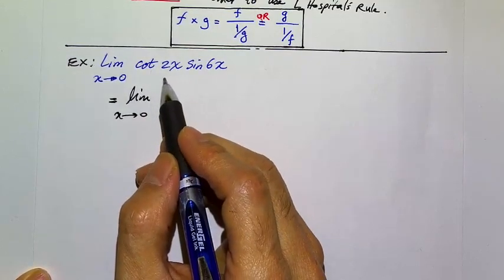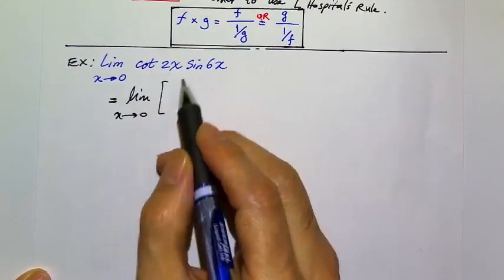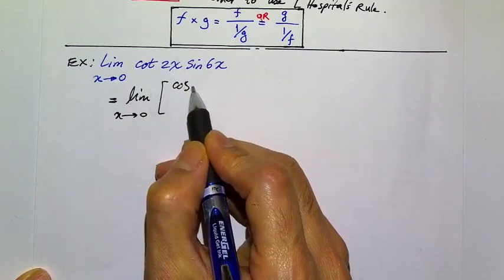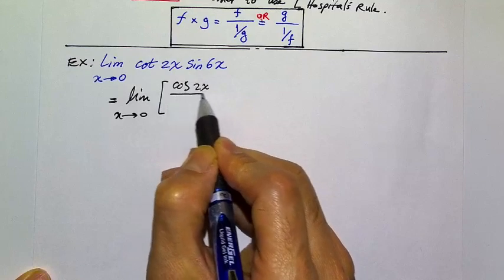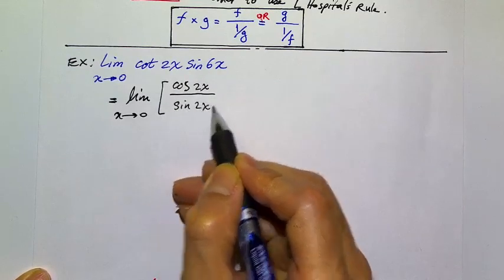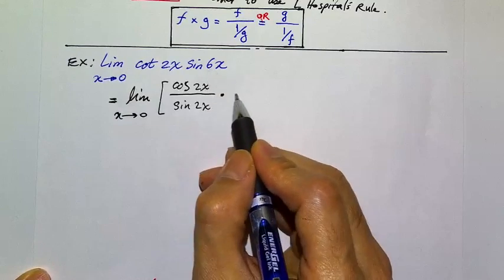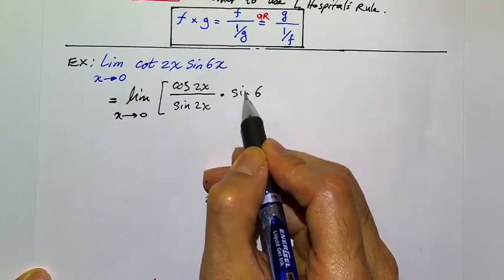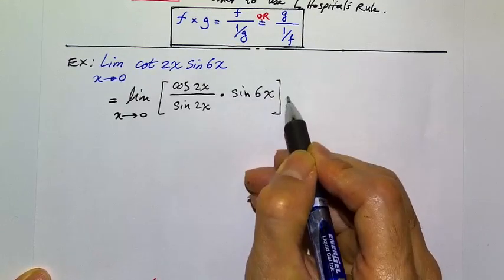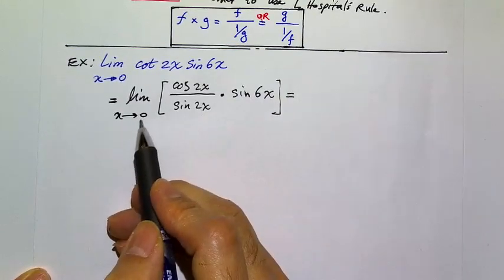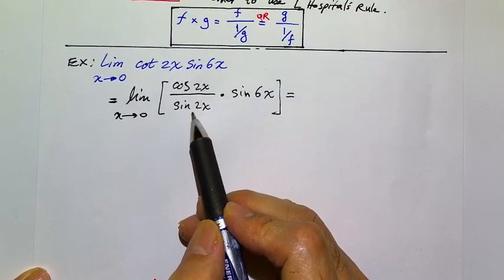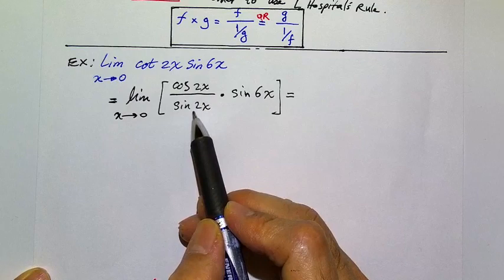I will put this in fraction form, so we have cotangent of 2x is equal to cosine of 2x divided by sine of 2x times the sine of 6 times x. Okay, and so now if we apply the limit, what will we get? We get 0 over sine would be 0.